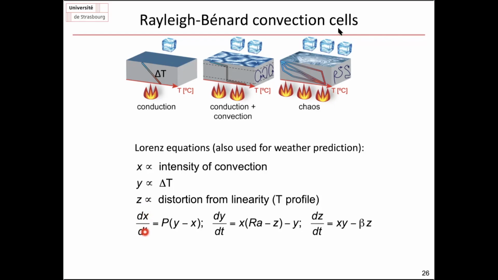So dx/dt is the Prandtl number times, so this is just a constant, the Rayleigh number is a constant, and this beta is also constant. And the other ones are the variables, so x, y, and z, right? So those are simple ordinary differential equations, just like the ones that we see in chemical kinetics.